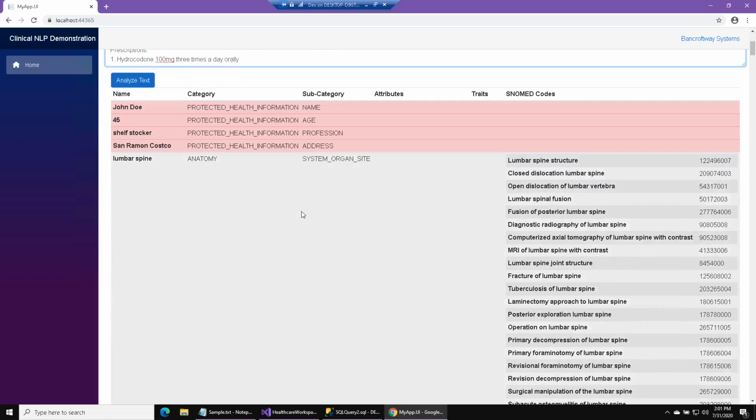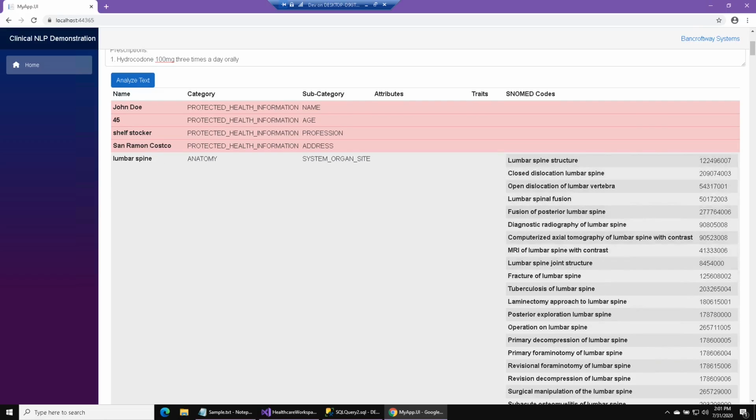Whenever the system sees a body part being mentioned, it can decipher that this is a body part, and it will flag that as a system organ site. On the right hand side are some further disambiguation SNOMED codes.